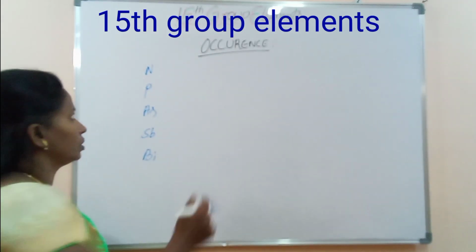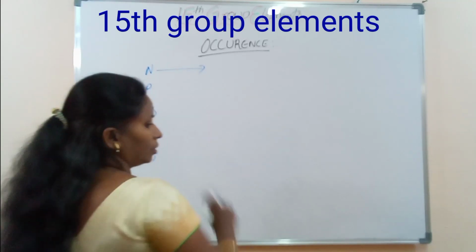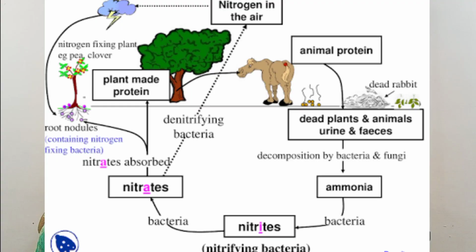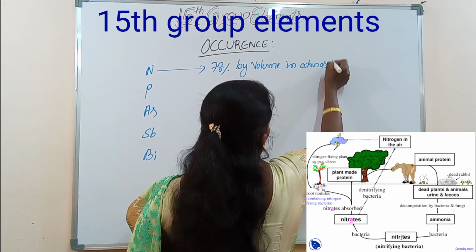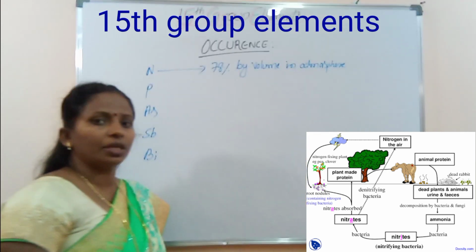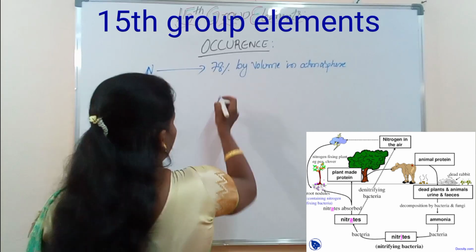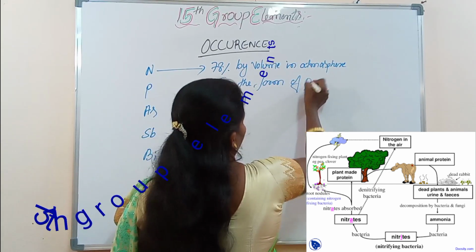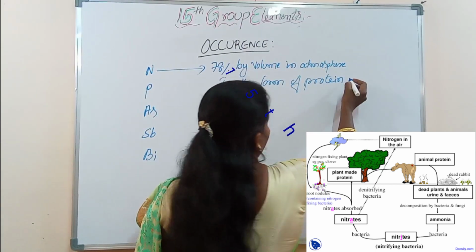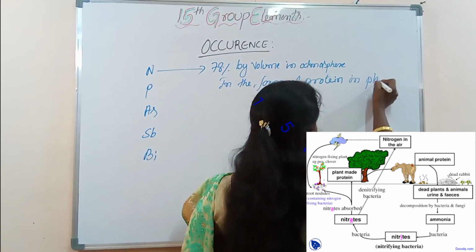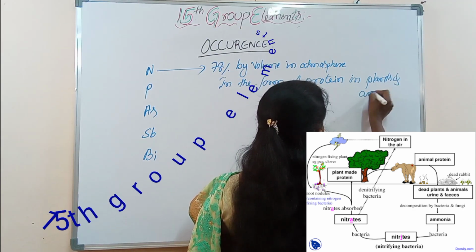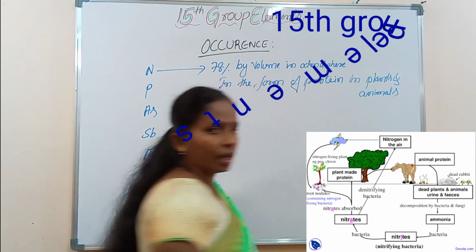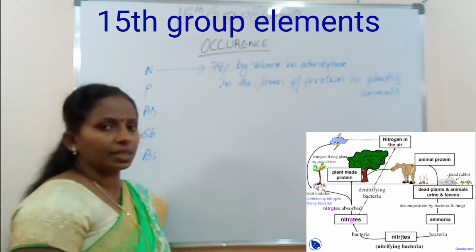First nitrogen: it is in air, 78% by volume in the atmosphere, and in the form of protein in plants and animals.